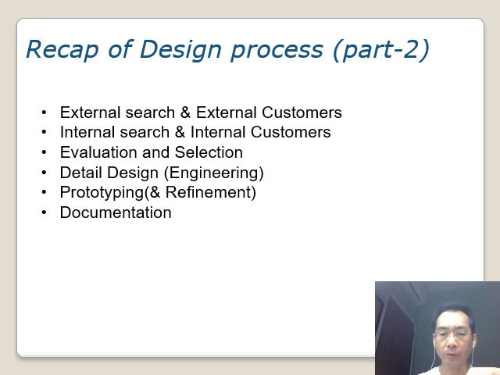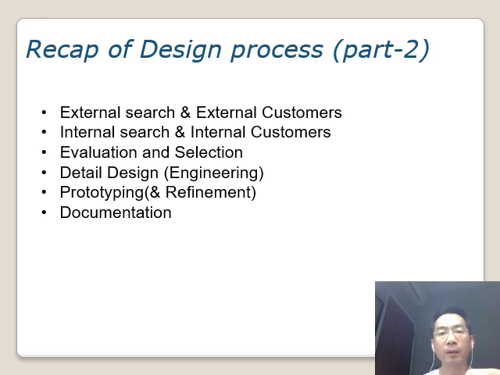In internal search, we are talking about product idea generation, as well as the requirements from internal departments. We consider them as the internal customers. In the internal search, we mentioned brainstorming. Brainstorming should be open and non-judgmental.